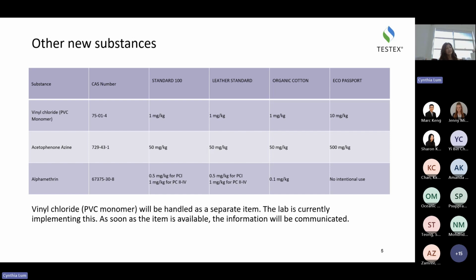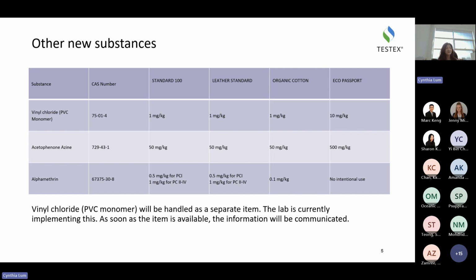Vinyl chloride will be tested as a new parameter. I have been asked before about PVC, but we will not test PVC by itself, but vinyl chloride will be handled as a separate item now. It will be tested in the lab under a new parameter.